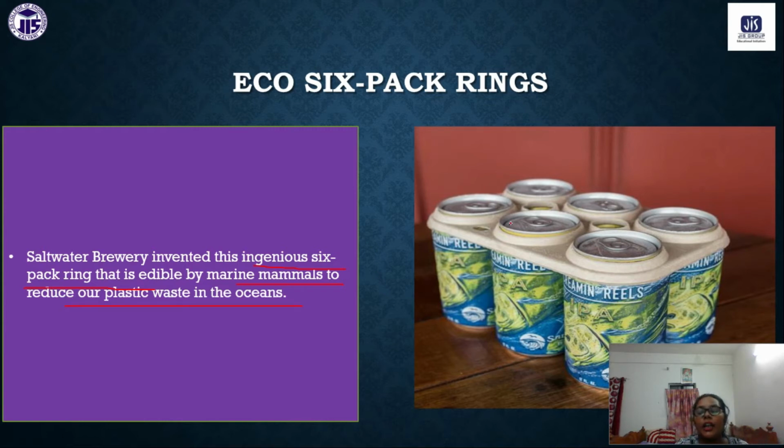Instead of making the rings from plastic materials, we can use this, as it is edible by marine mammals. So this is another type of invention that we have, the eco six-pack ring.